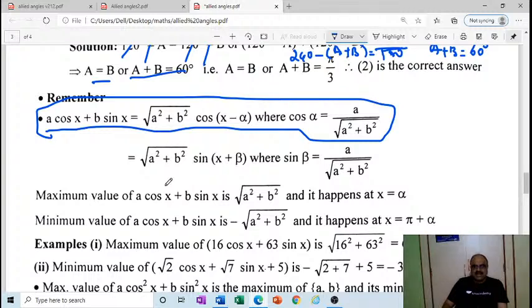A cos x plus b sin x equals root of a square plus b square into cos of x minus alpha, where cos alpha equals a by root of a square plus b square.